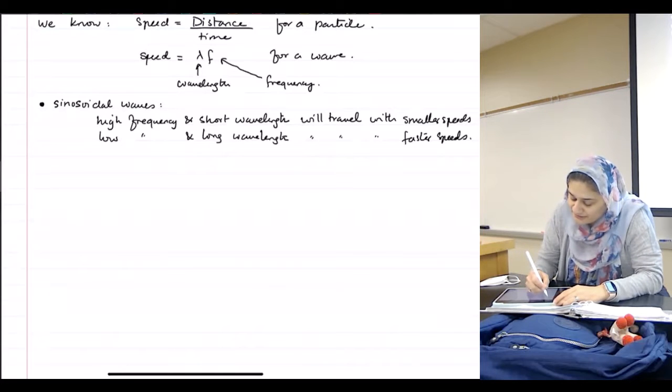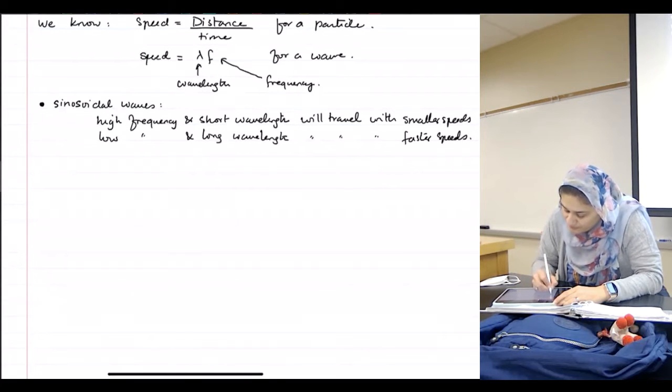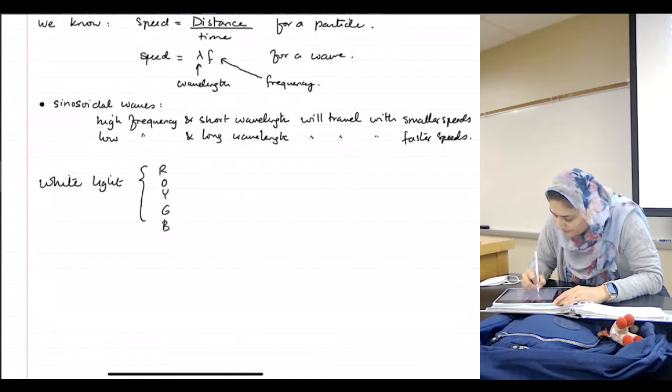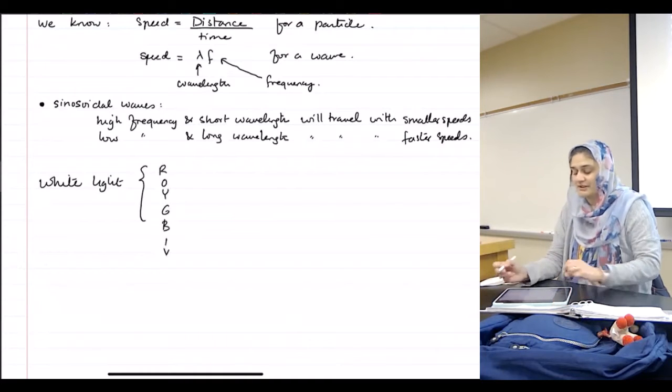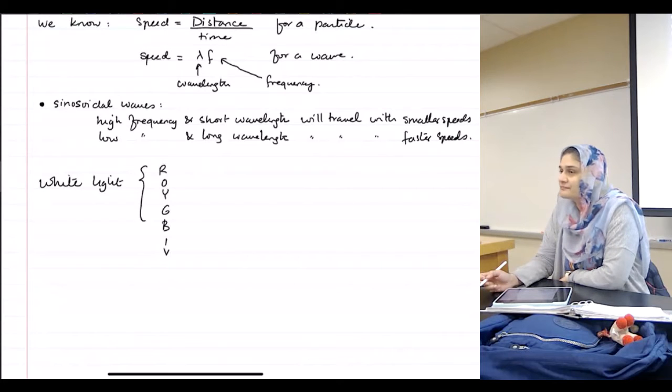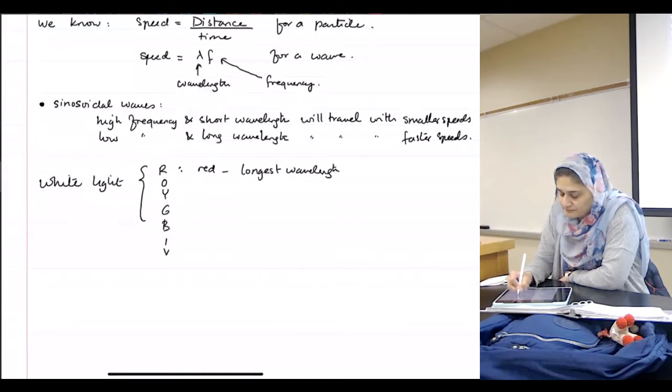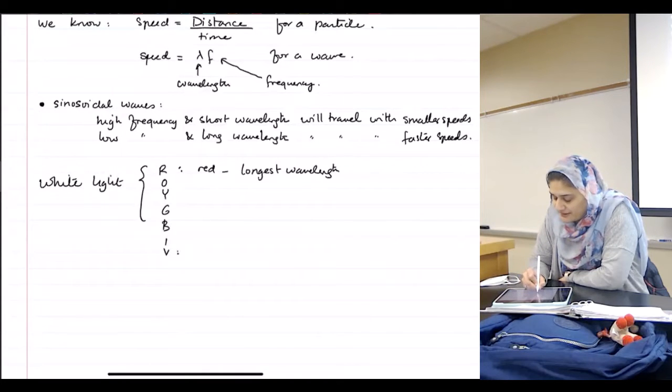So white light is made up of all of these colors, correct? Red has the longest wavelength, whereas violet has the shortest wavelength.